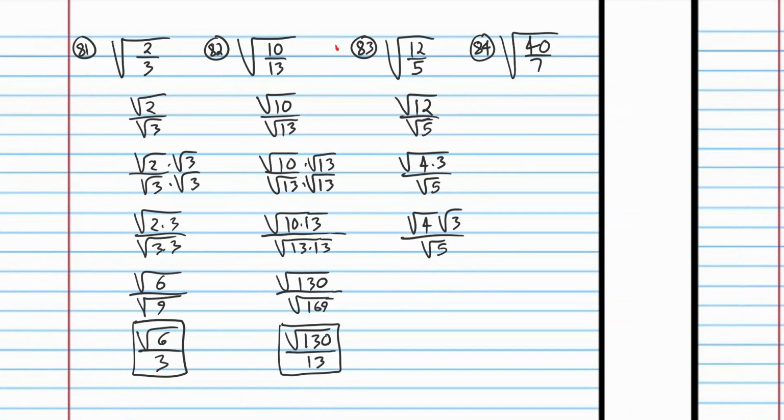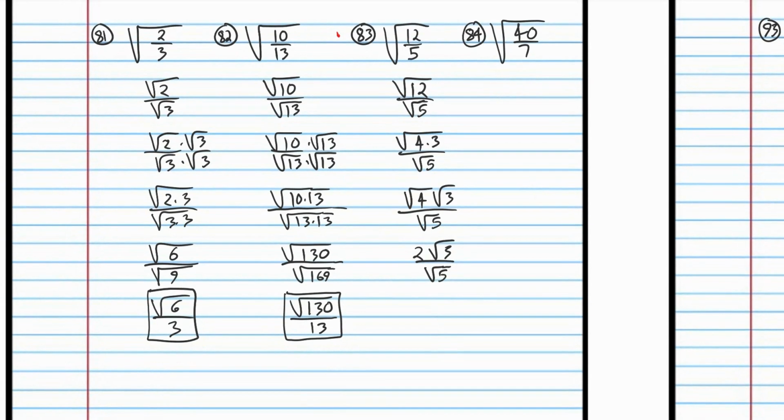And root 4 is 2. And now we're done at that point with pulling out the perfect square from the root.